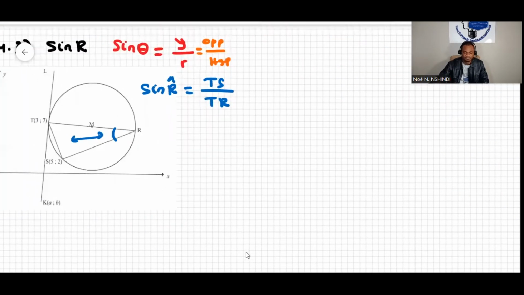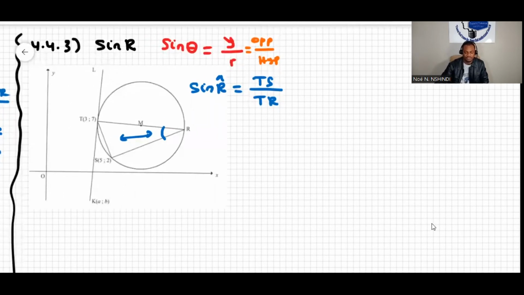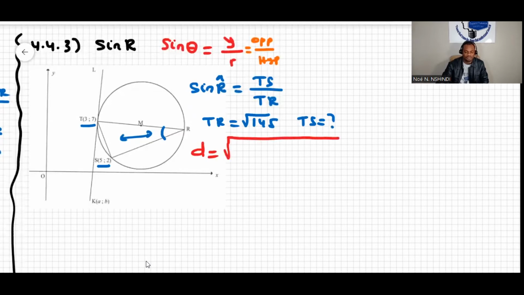TR is root 145, but TS is still unknown. Now let's find TS, because we have the 2 points there, with the help of the distance formula. D is equal to the square root of (x1 minus x2) to the power of 2 plus (y1 minus y2) all to the power of 2.